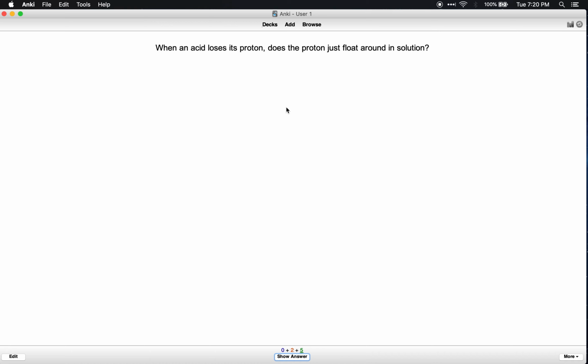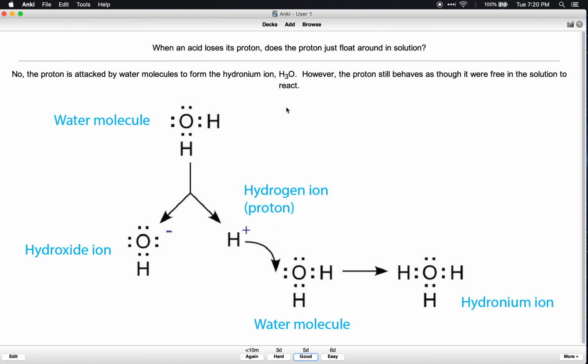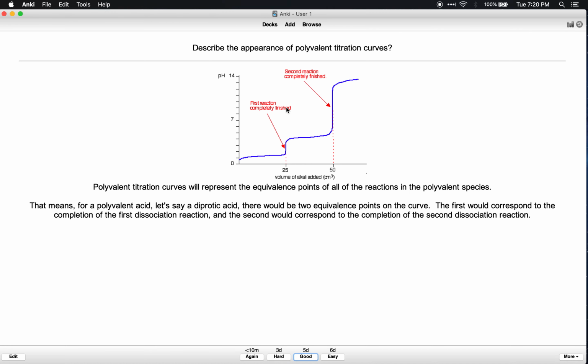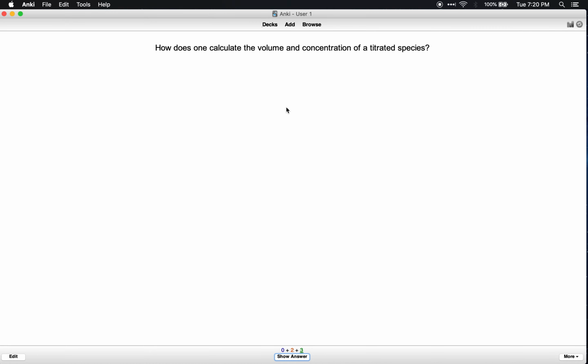When an acid loses a proton, the proton reacts with water to form hydronium, but we think of it as just floating around freely. Polyprotic acids have multiple equivalence points. N1V1 equals N2V2, where N is normality and V is volume.